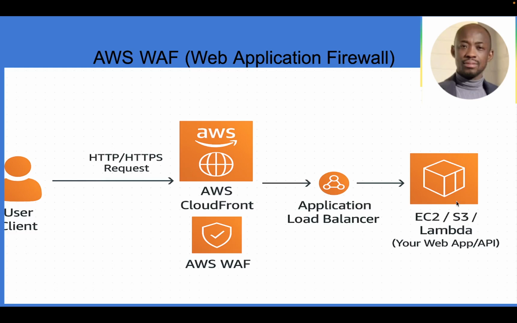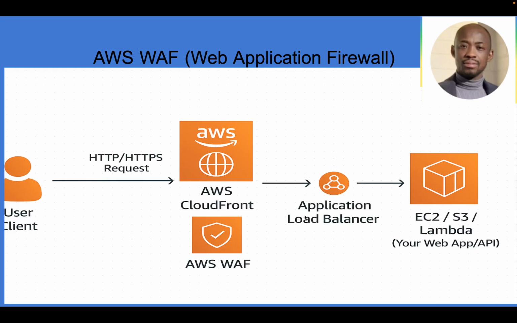The resource is at the back end, let's say this EC2. Before it gets there, it goes through, let's say, a DNS record. We don't have it here, but I'll do a separate video with regards to that. And then it goes through your load balancer.